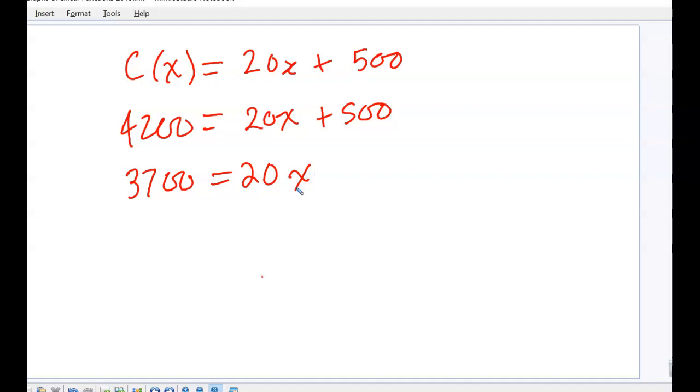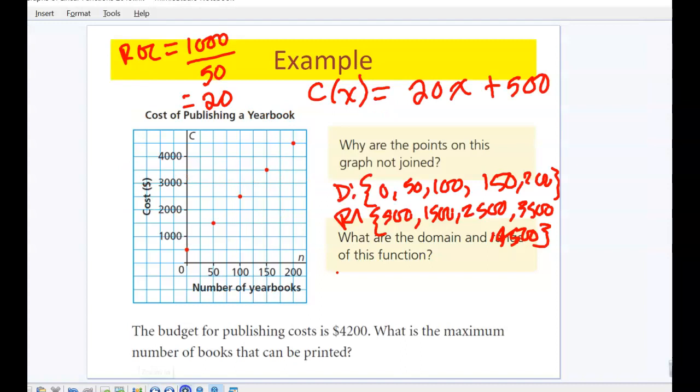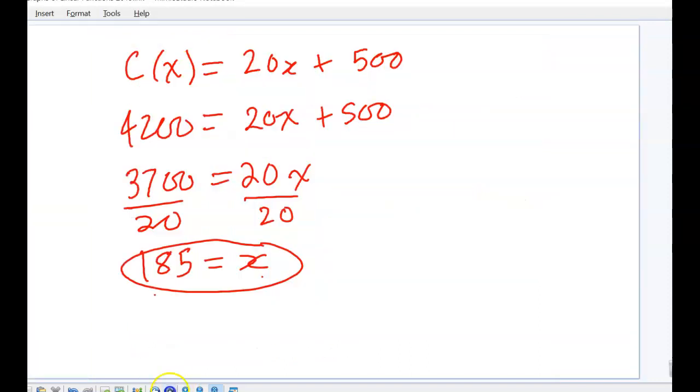And if I take 3,700 and divide both sides by 20, I'm going to get 185 is equal to x, which in this last example, there should be n, I guess. It should be c of n, sorry, because it's n here. So in this equation, I should be using n as well.